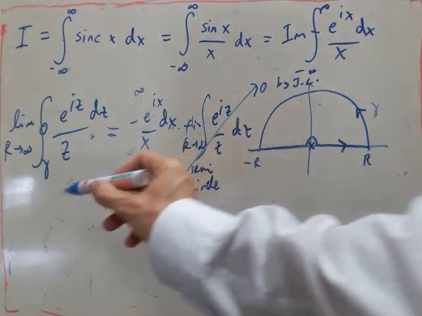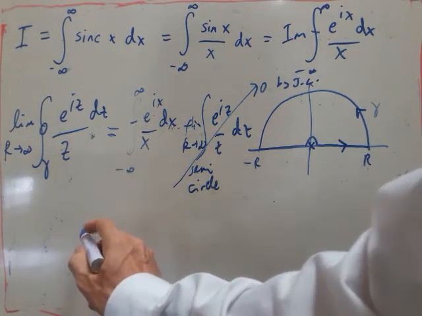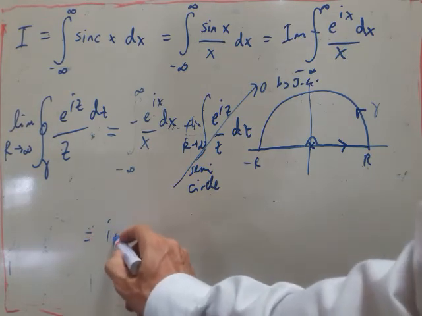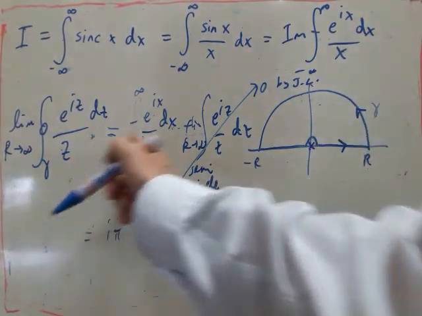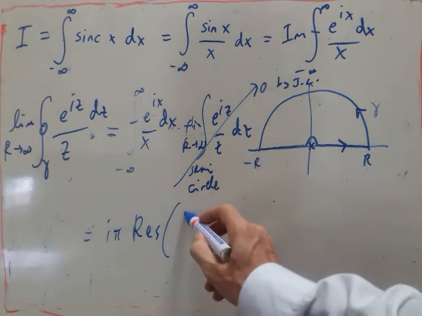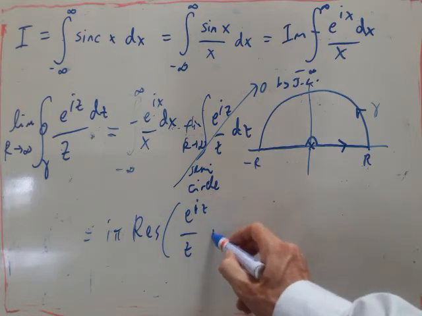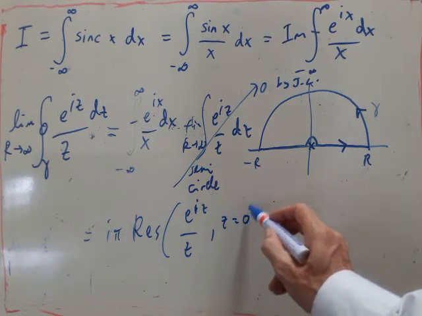So this integral here is equal to i pi times the residue of e to the iz over z at z equals 0.